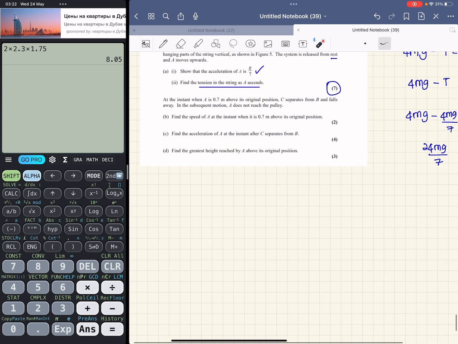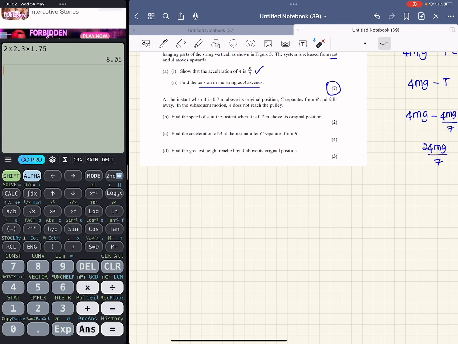At the instant when A is 0.7 meters above its original position, C separates from B and falls away. In the subsequent motion, A does not reach the pulley. Find the speed of A at the instant when it is 0.7 meters above its original position.